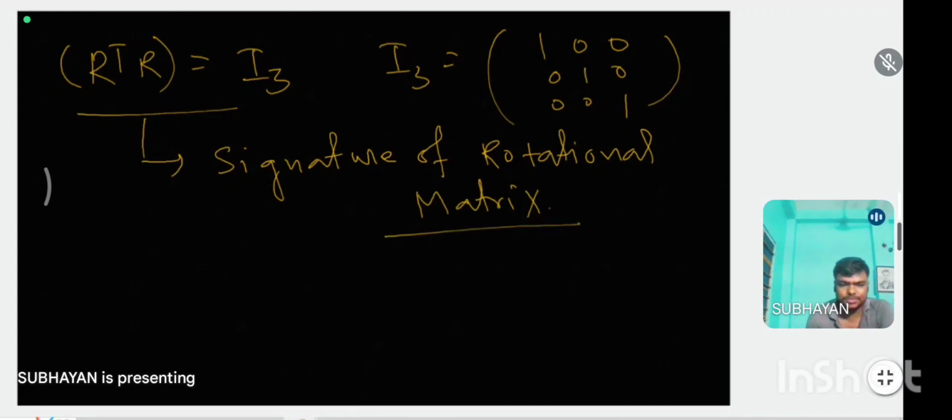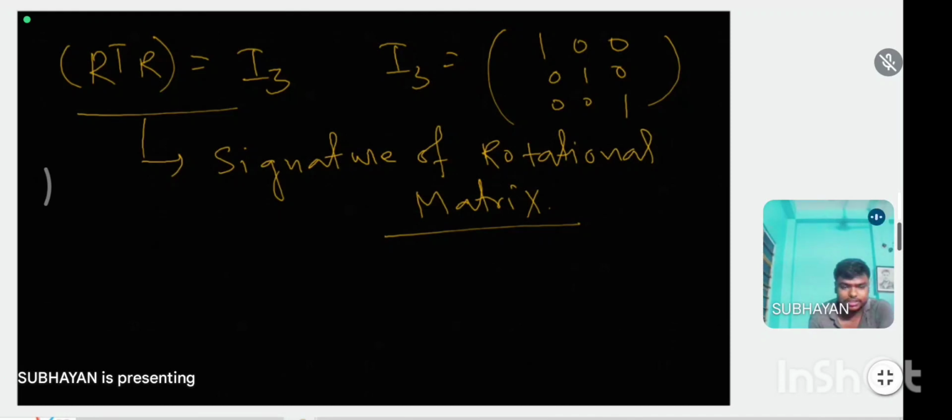And you know such matrices are of special kind. The matrices which follow this property are called orthogonal matrices.